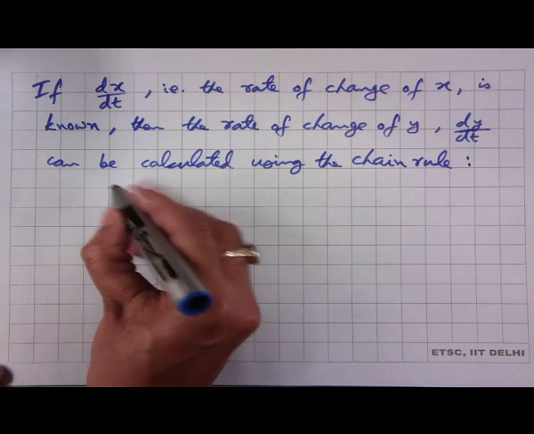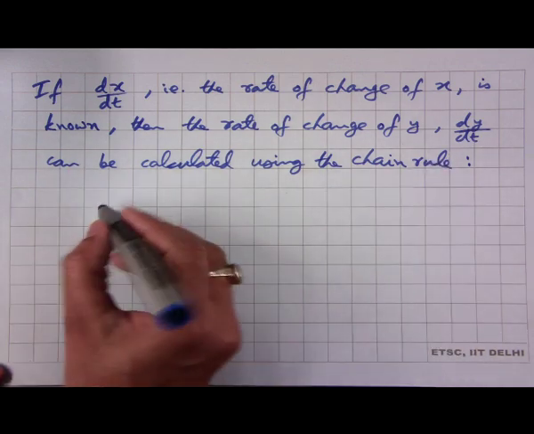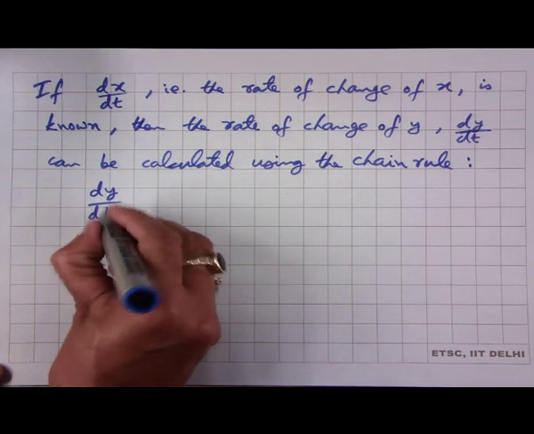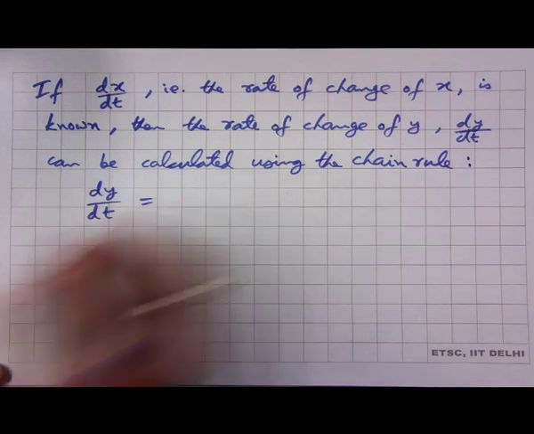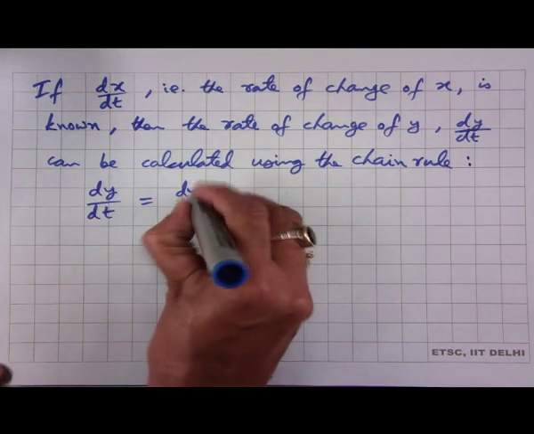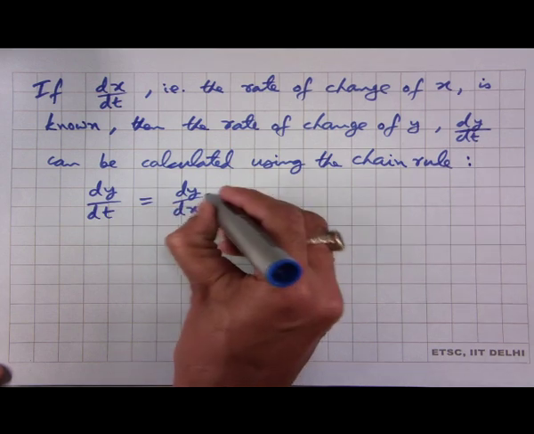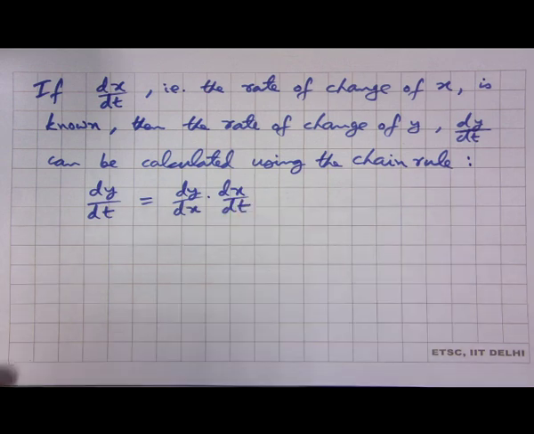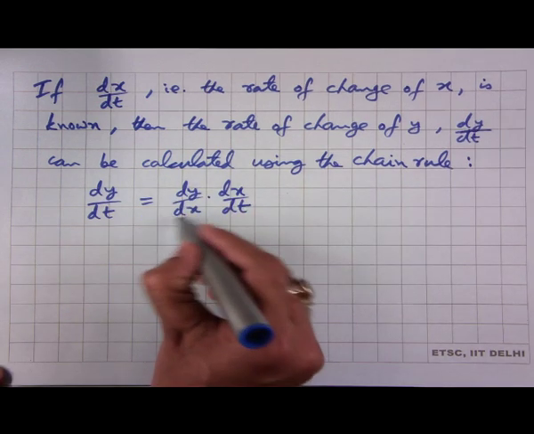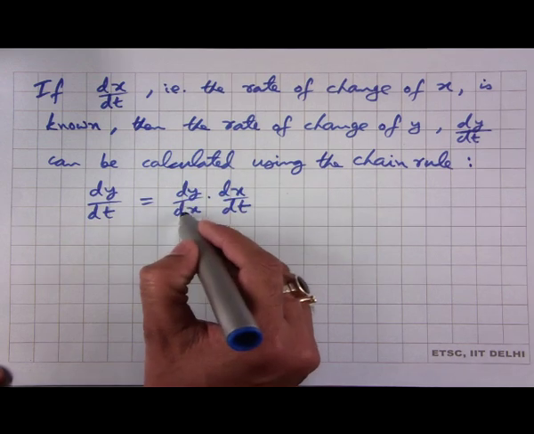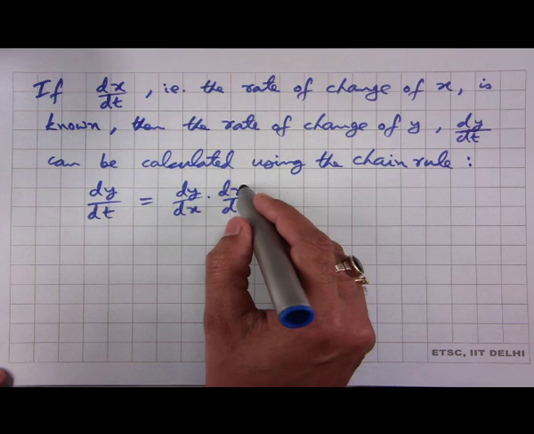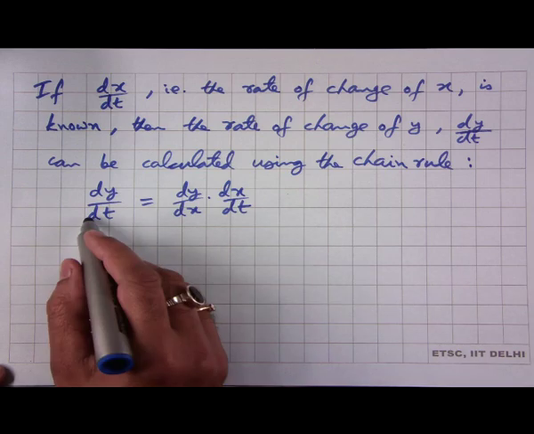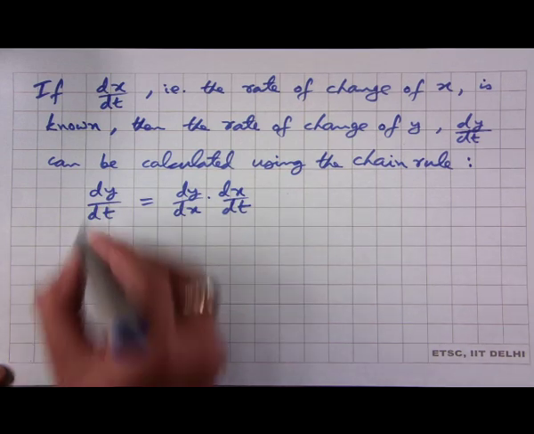We know that y is given as a function of x. So, dy/dt by chain rule can be written as dy/dx times dx/dt. If y as a function of x is known, we can calculate dy/dx, and dx/dt is the rate of change of x which is assumed to be known. So, then dy/dt can be calculated.